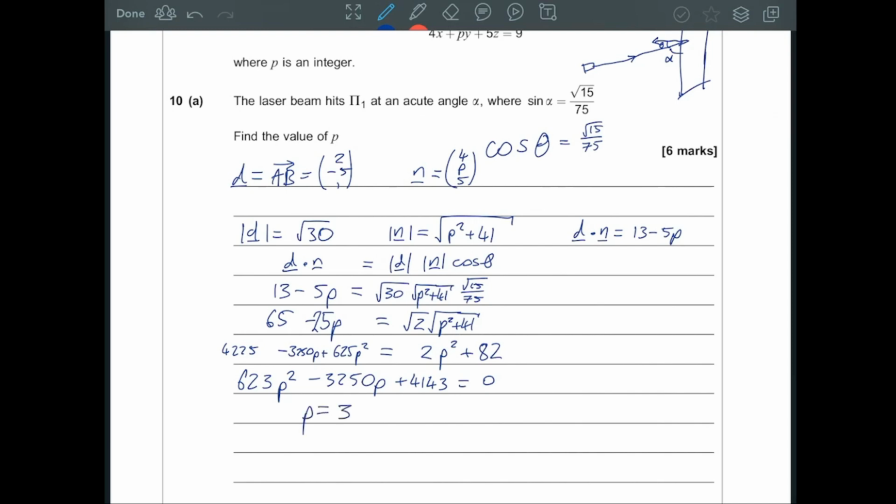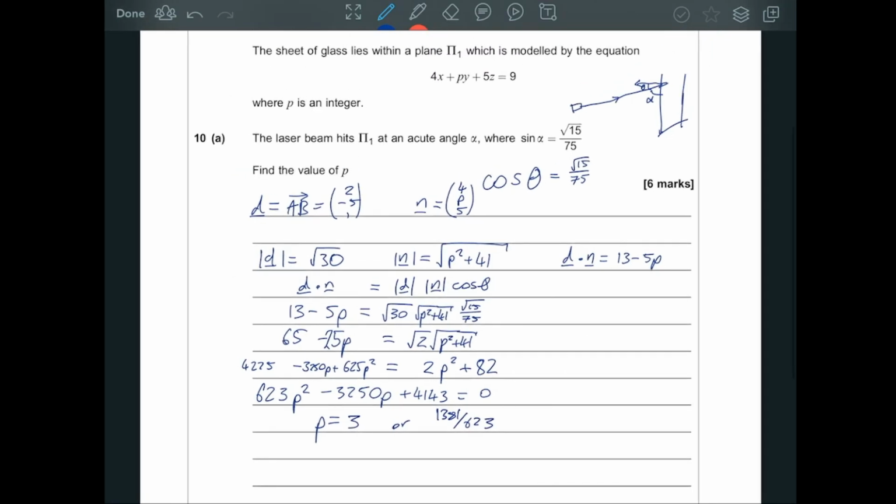So p is 3, or unfortunately, oh, it does give it as an exact 1,381 over 623. Yeah, so there's a nice thing. It wasn't just me having a feeling. It does say that p is an integer. So we can just conclude, therefore, that p is 3.